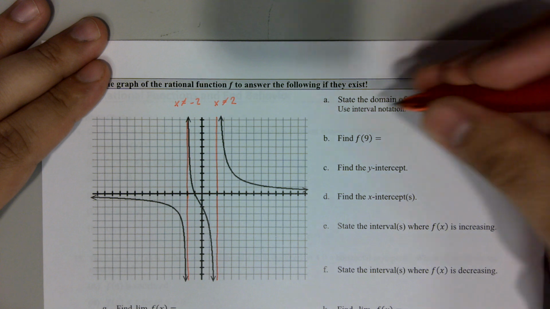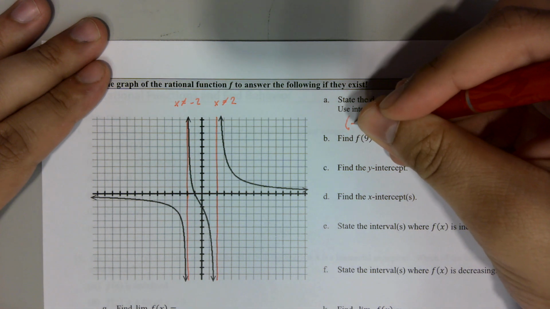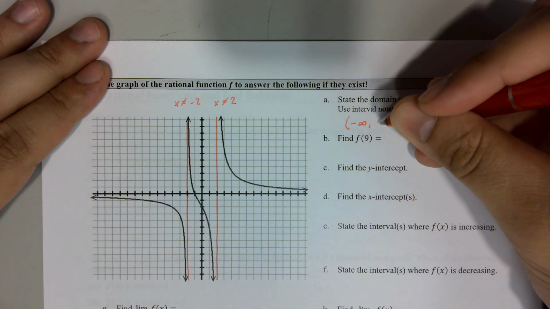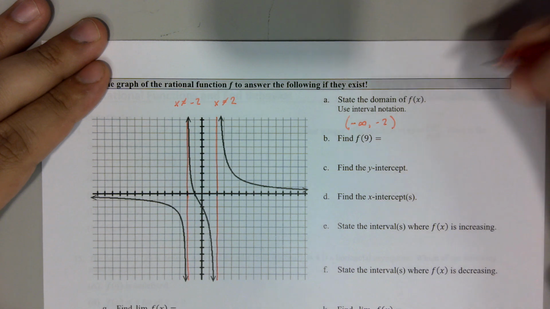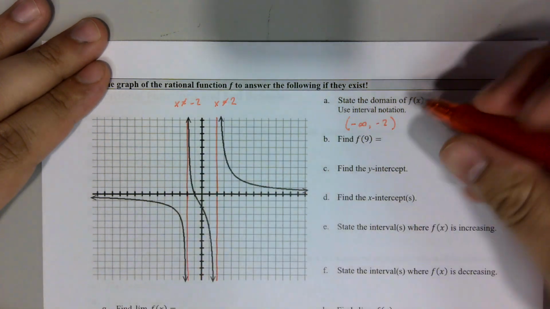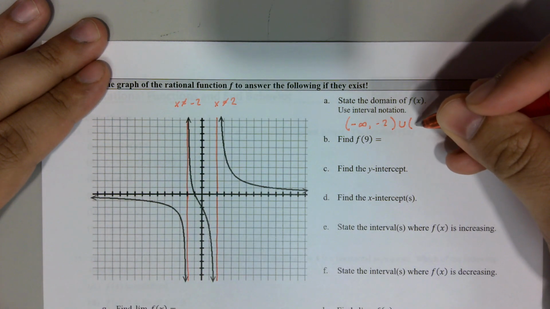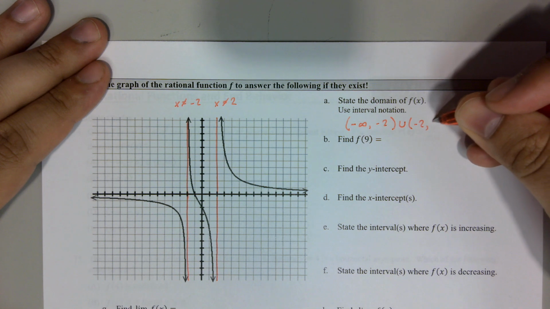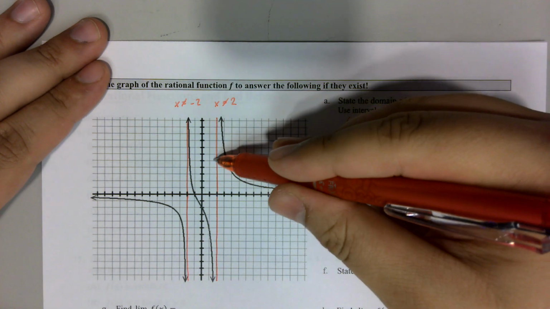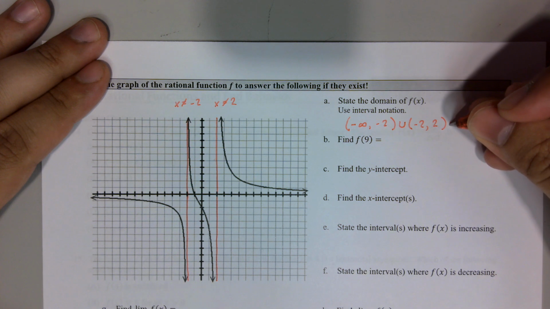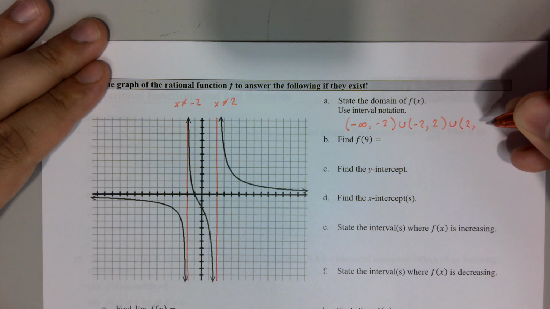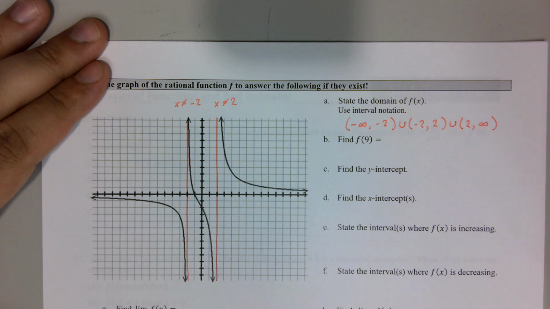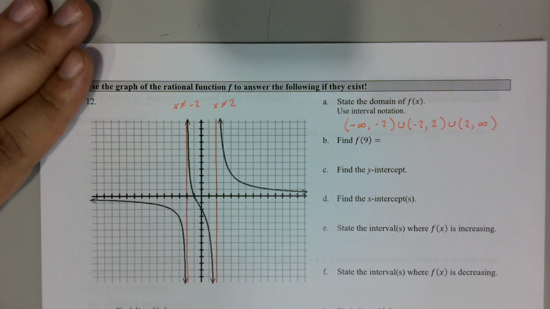So when we write this in interval notation, we have from -infinity all the way to -2, but then we have to jump over that vertical asymptote. So we do a union, -2 to +2, but then we have to jump over that asymptote, and then 2 to +infinity. So this is the domain for our function.